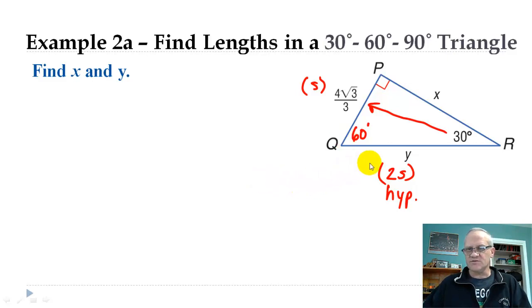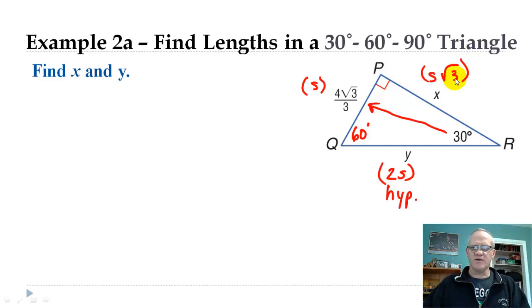So maybe that'll help you think that from whatever S was, the hypotenuse is hyping that up, so it's double. The hypotenuse is like your hype man. So whatever S is, you go 2 times S, and then by default the other leg would be just S times the square root of 3.